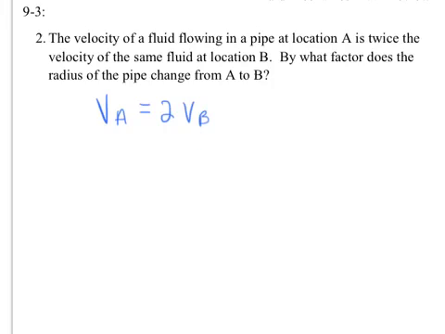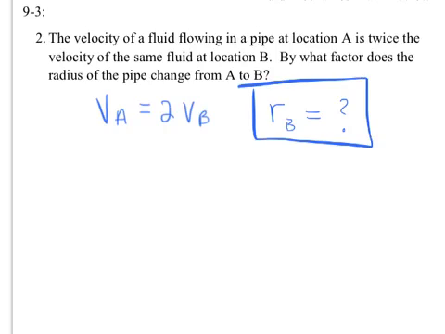Now, by what factor does the radius of the pipe change? Let's use the continuity equation again, because we're looking for radius and that has area in it. So aren't we really looking for RB, the new radius? Okay, we're looking for the new radius, so we can figure out by what factor it changes. So continuity equation, go.